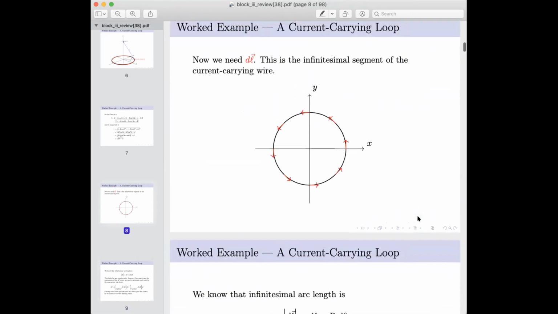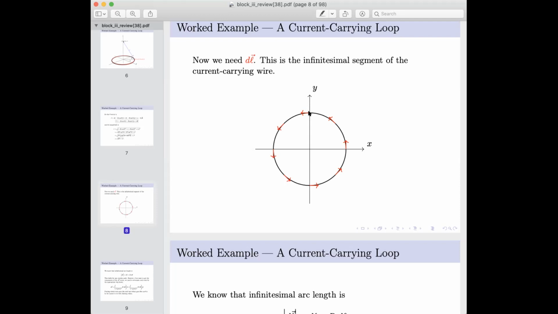The easiest way to do that is to look at the endpoints. So if theta is, say, pi over 2, up here at the top of our loop, we have nothing in our x direction, if we're approximating it, but we have the distance r in the y direction.